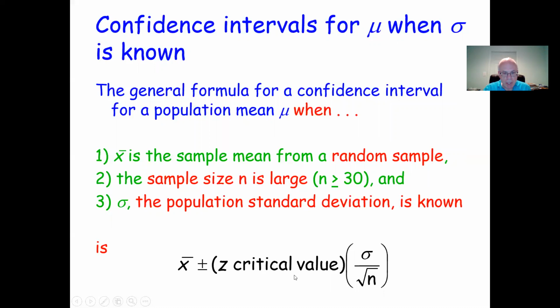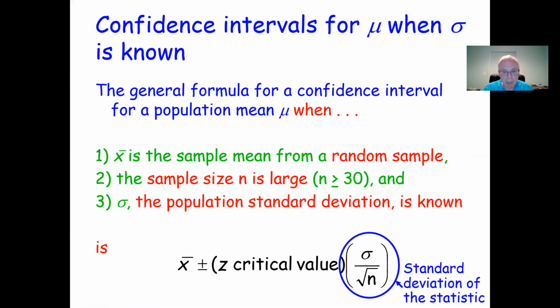Our margin of error, once again, is a Z critical value times the standard error. And what is the standard error for a sampling distribution of sample means? It's the population standard deviation divided by the square root of the sample size. So this is our standard error where we're estimating a population mean.